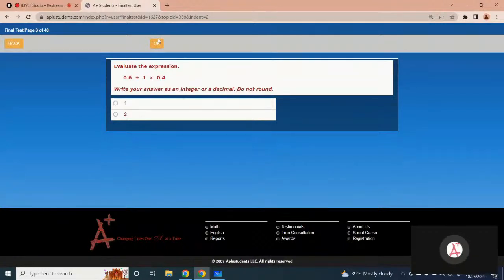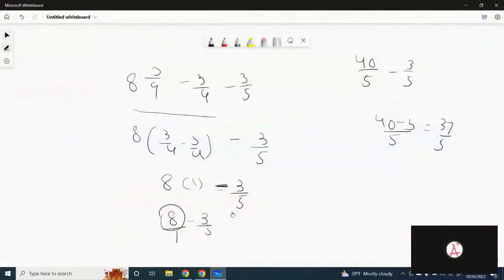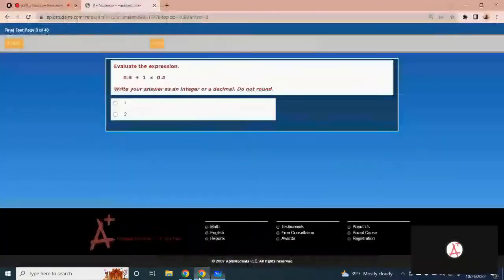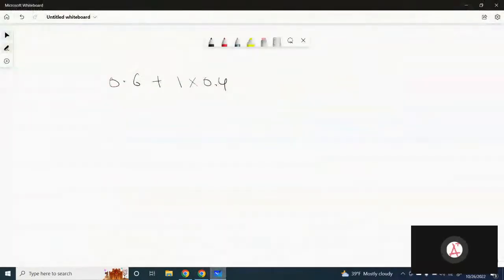Okay, the next one is evaluate the expression. You have to do 0.6 plus 1 times 0.4. Let me write it down on board. Let me just confirm that's the same one. 0.6 plus 1 times 0.4, yes.